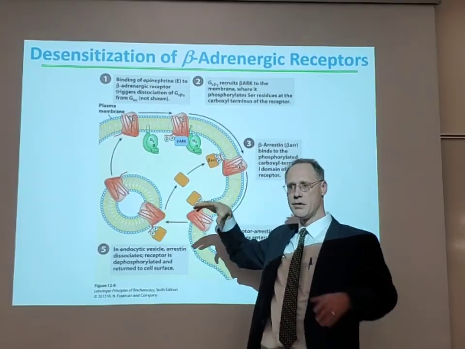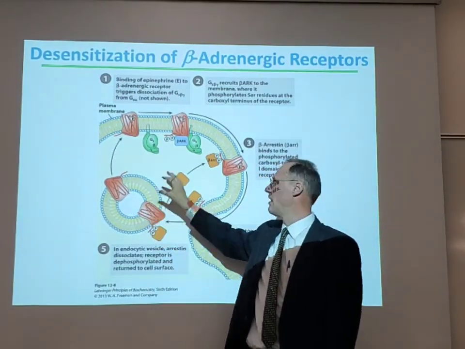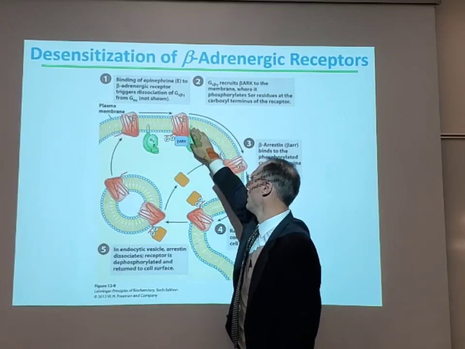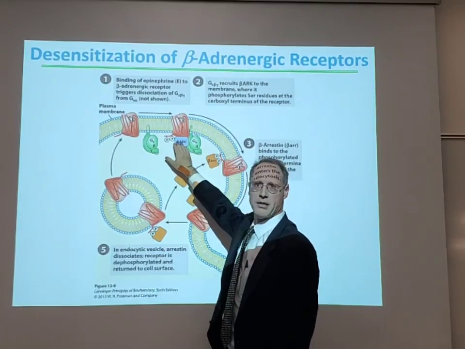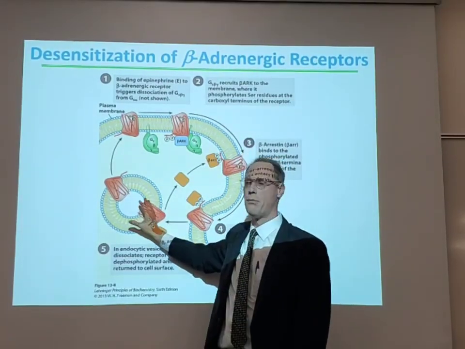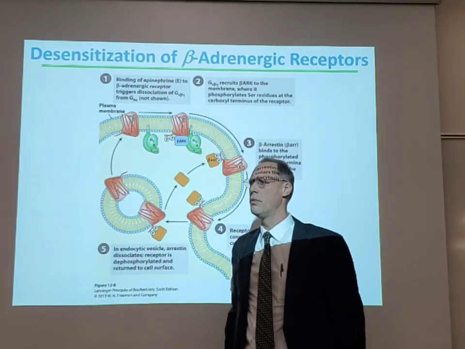Do endocytosis, pull it off the membrane, make a vesicle. What would the fact that I just took this one, which had a signal with epinephrine, and it's now got a feedback loop, BARK has affected it by phosphorylating it, now beta arrestin's pulled it off the membrane and it's sitting inside of the cell. What would that do to my signal?